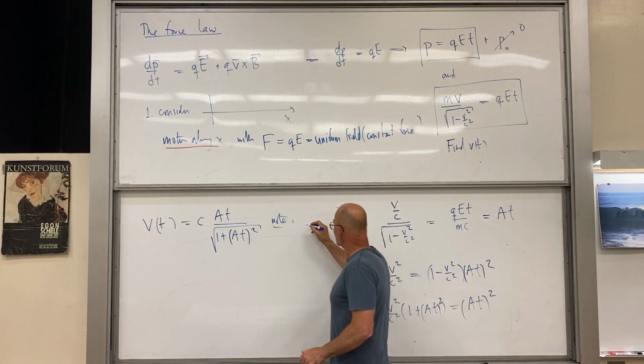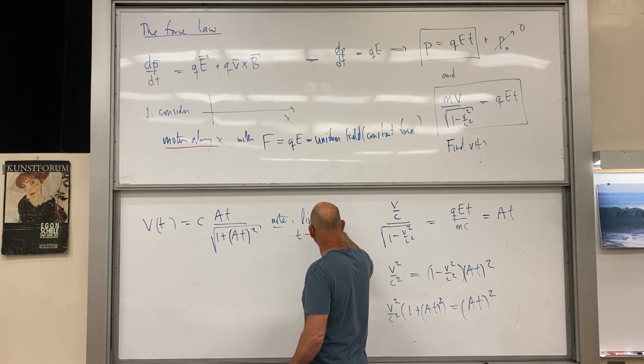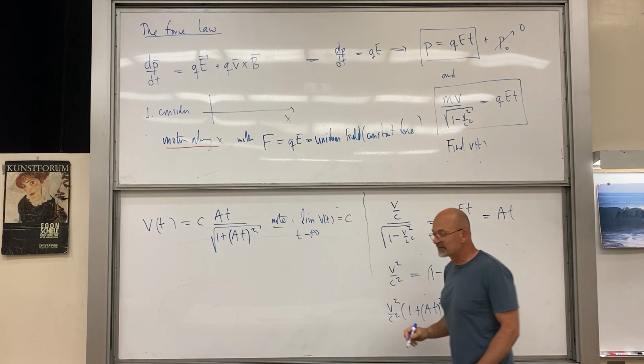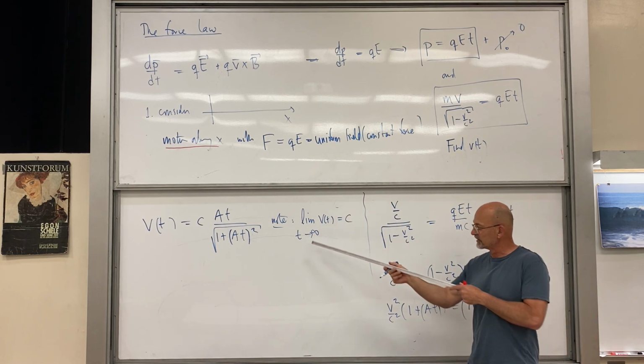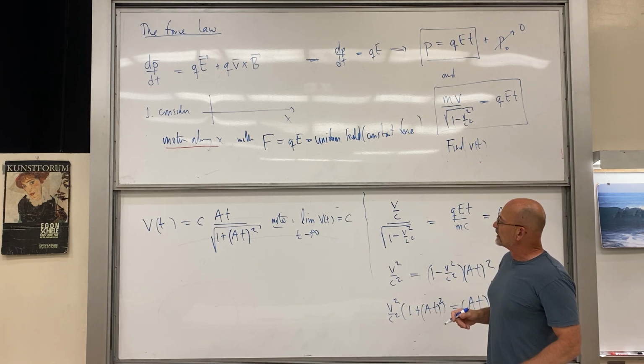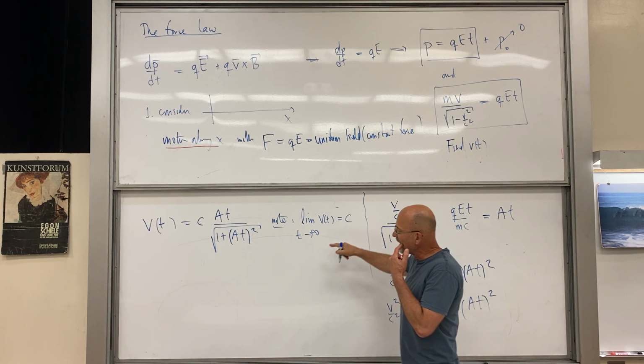So the limit as t goes to infinity of v of t is equal to the speed of light. It never exceeds the speed of light, and you have to take t out to infinity to get that.